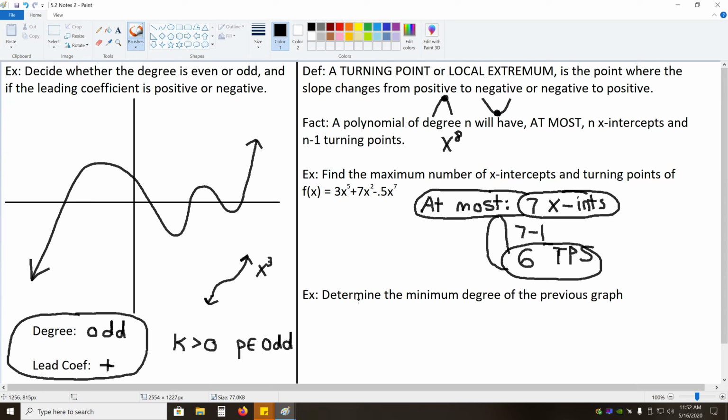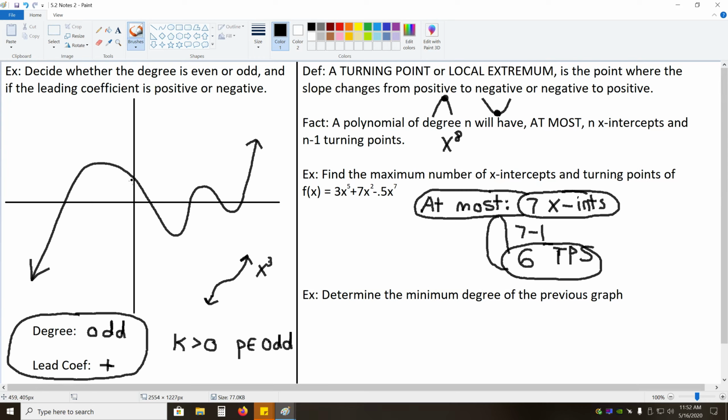Okay, so from here, our next example, we're going to determine the minimum degree of the previous graph. So looking at this graph here, what is the smallest degree possible? First of all, we know the degree has to be odd. Now look at the turning points.